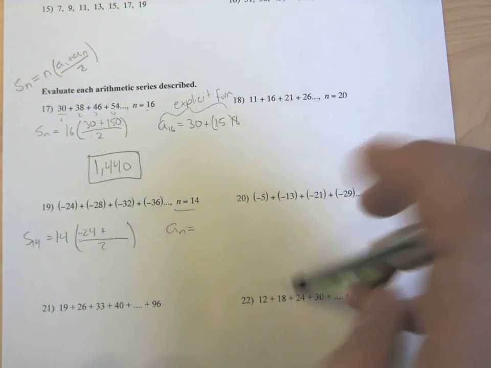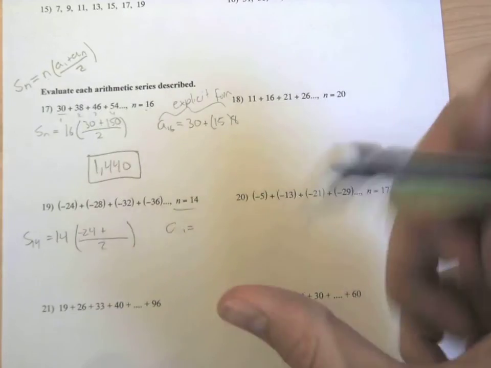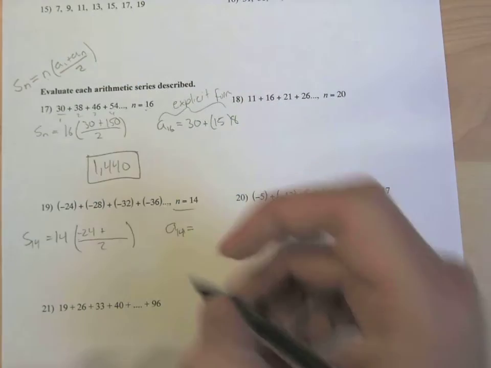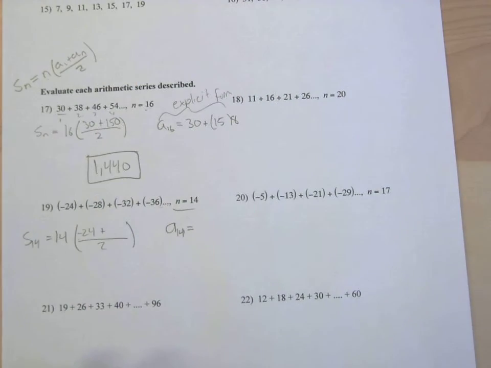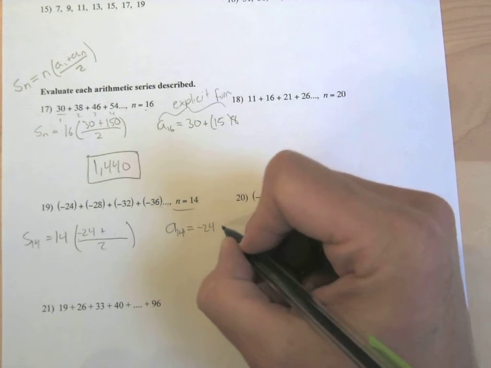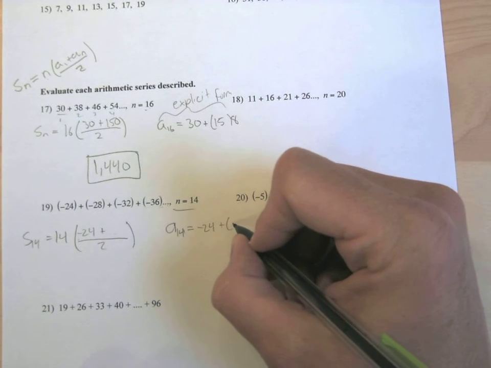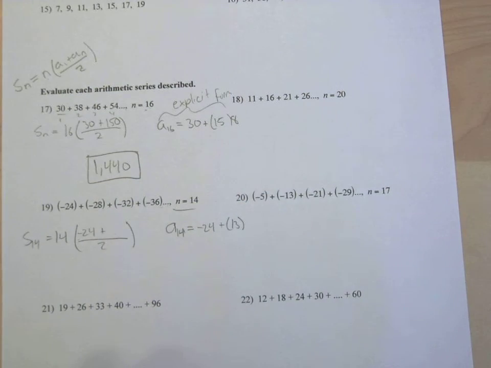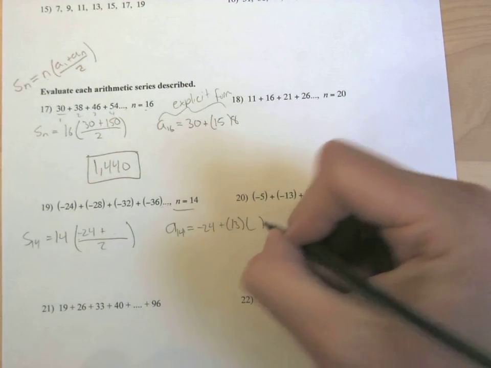And for this, we're going to use our explicit formula. So a14 equals the first term, negative 24, plus n minus 1, which would be 13, right? 14 is n, so n minus 1 would be 13, times the common difference.